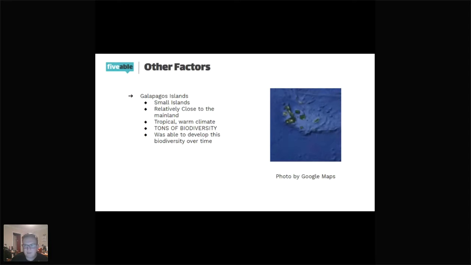Does anybody know about the different adaptations that birds have here? Anybody? All right. Well, basically the birds developed different curved beaks based on what they ate off of these trees.